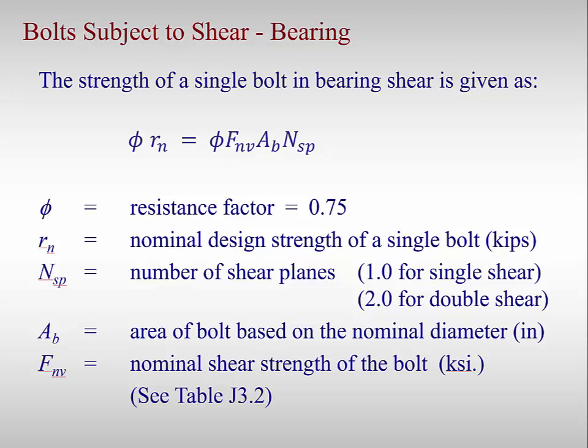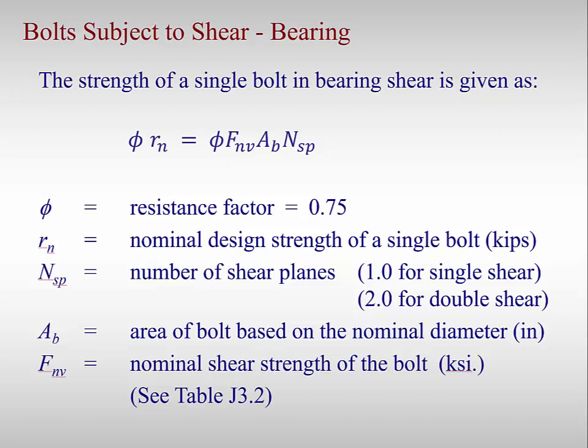A capital R is used to represent the strength of the entire connection, or the sum of the individual bolt strengths. The term uppercase N sub SP is the number of shear planes. Note that the area of the bolt is based on the nominal diameter of the bolt. For us, that would be 3/4 or 7/8 inch.